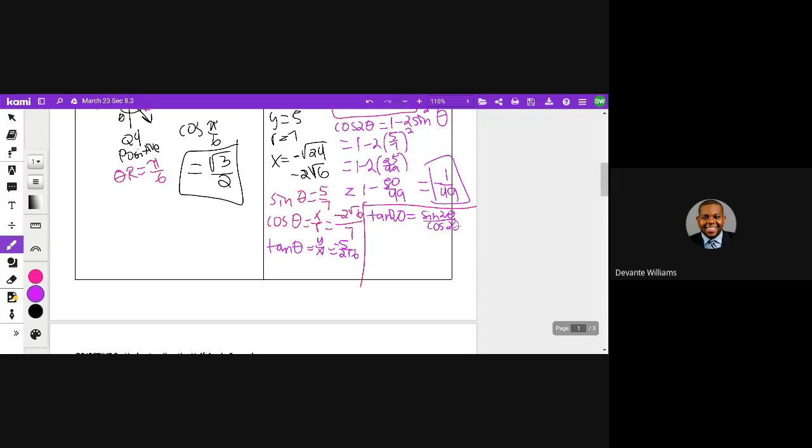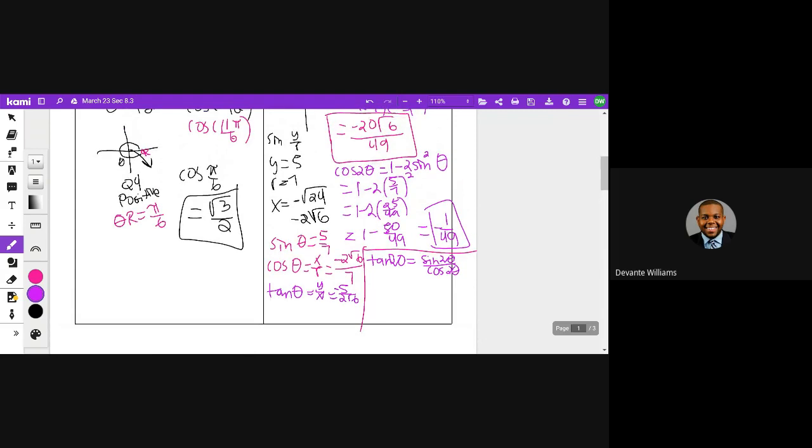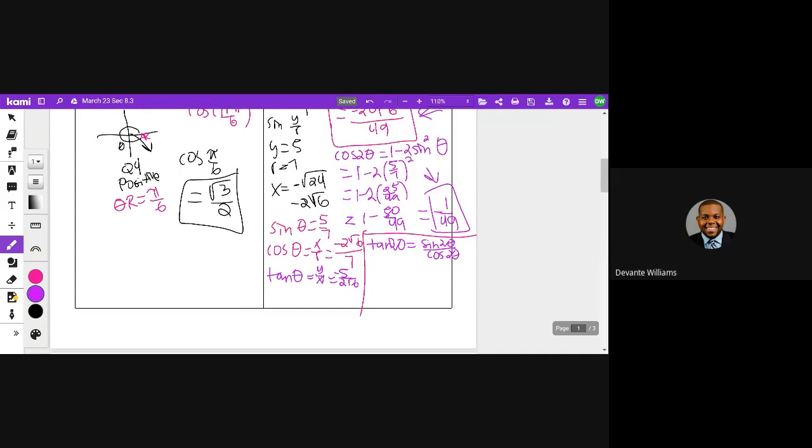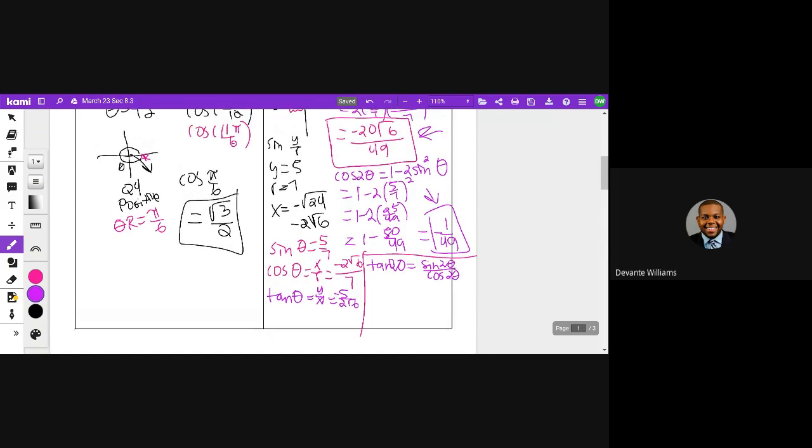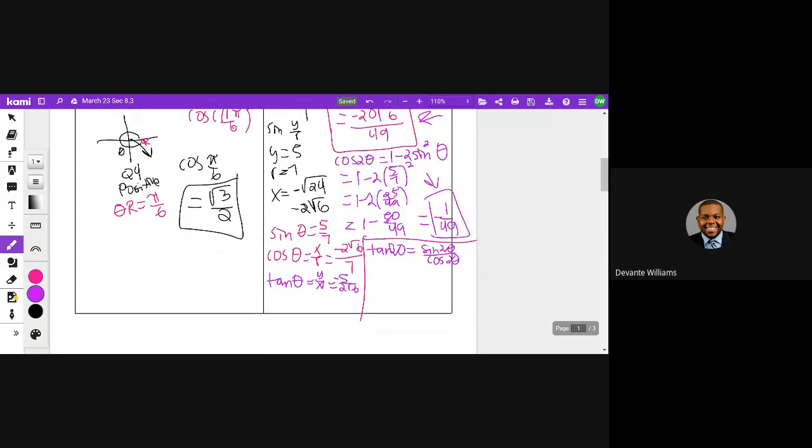That works too. We can just use these two values we found. So sine of 2 theta is negative 20 square root of 6 over 49 divided by the cosine, which is negative 1/49.